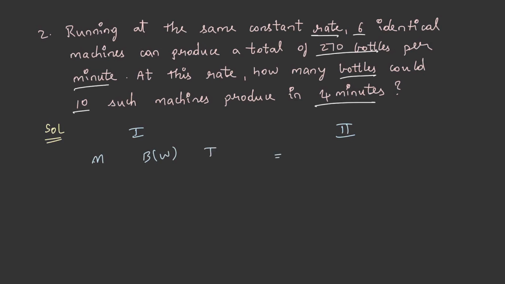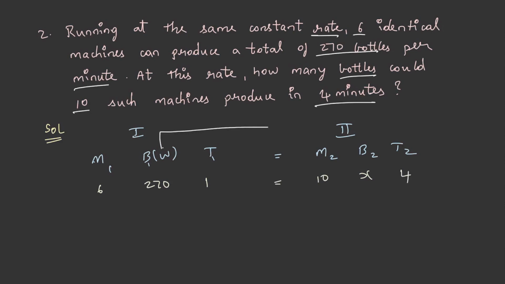And in statement 2 as well, M2, B2 and T2. In the first statement there are 6 machines and the number of bottles is 270 and the time taken is 1 minute. And in the second case we are asked to find out how many bottles, so we don't know this value, this is X. 10 such machines, so there are 10 machines and the time given is 4.